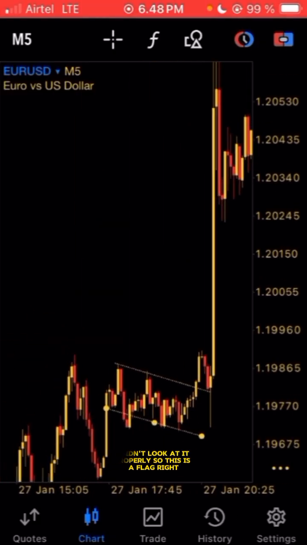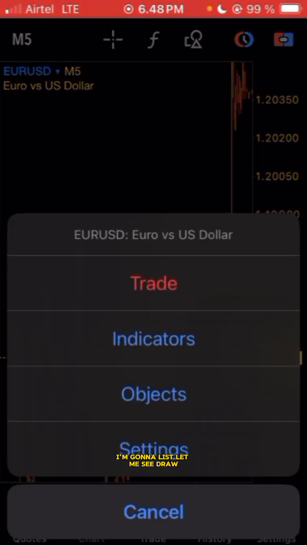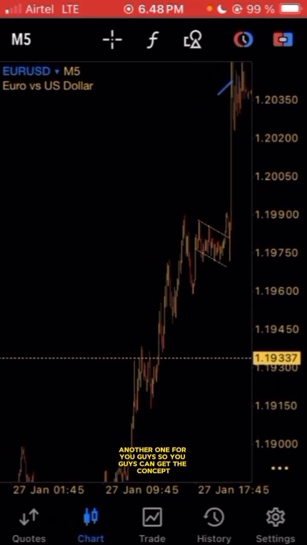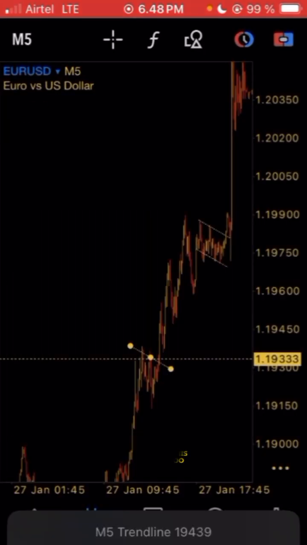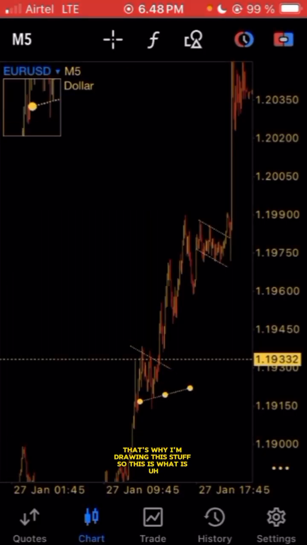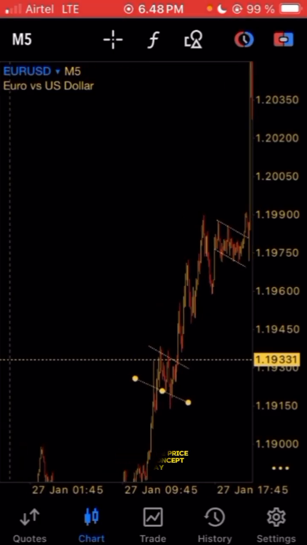So this is a flag, a falling flag, right? And what does it do? Bullish, right? So these are just a few examples I'm going to list. Let me draw another one for you guys so you can get the concept. I don't want this video to be too long, so that's why I'm drawing this stuff. So this is what is inside the price action concept.